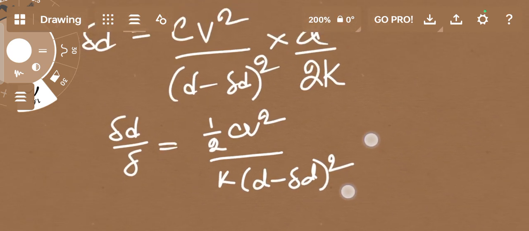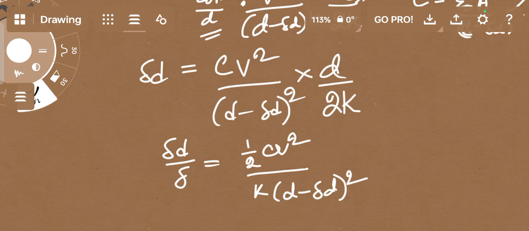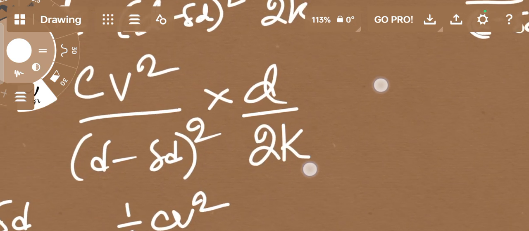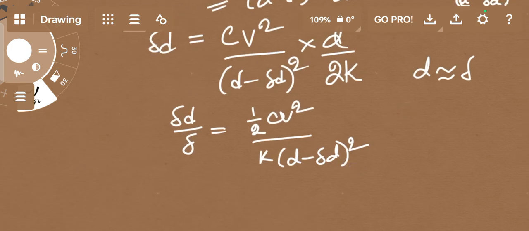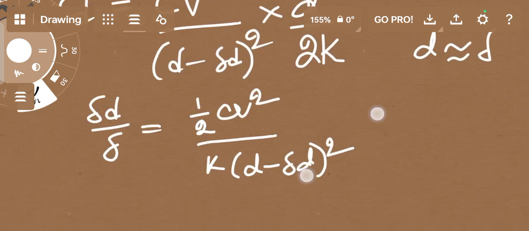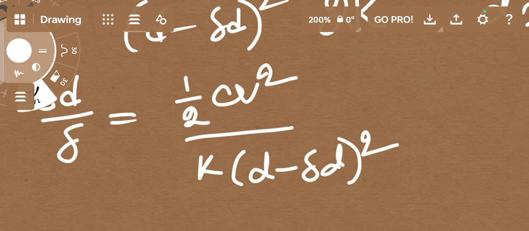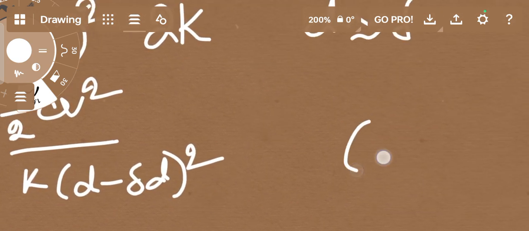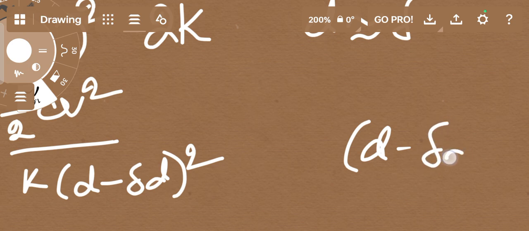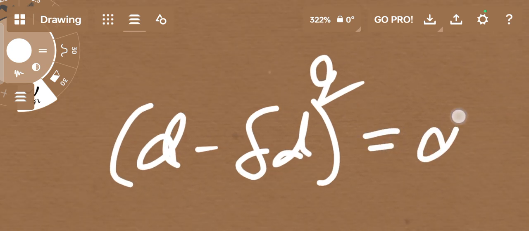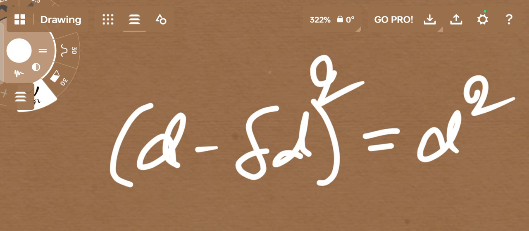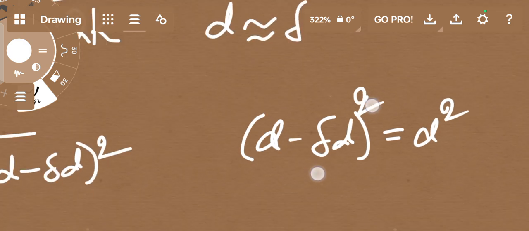Now this del d square, how this comes actually is that we have considered this d is very small here. Now if del d is a very small change, you can assume it to be like (d minus del d) whole square equals d square, since this del d tends to 0 almost, a very small change.